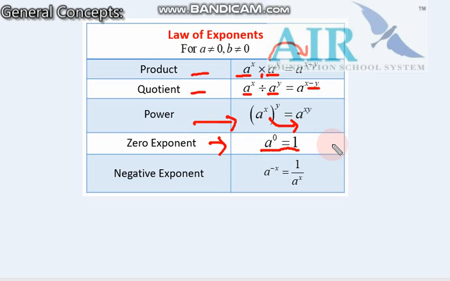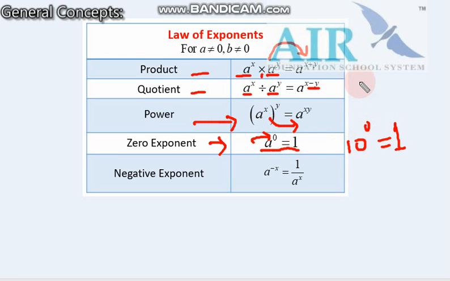Let's talk about other examples. 10 power 0 would be equal to 1. 1000 power 0 would again be equal to 1. x power 0 would also be equal to 1. So keep in mind, if you have the power 0 of any variable or any digit, your answer will be 1.